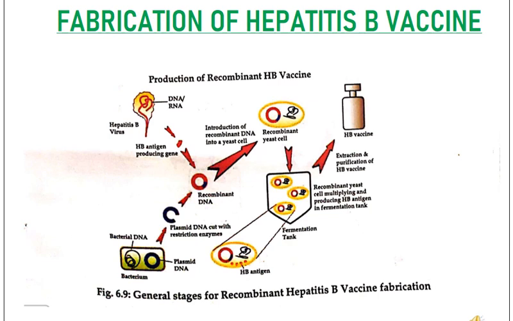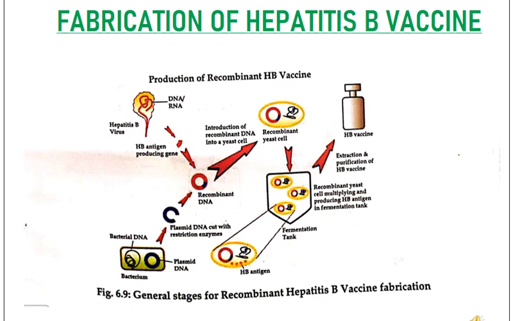Coming to the sixth, after 2 days we can see the yeast cells are cracked, and then they free this HBs antigen. Now this fusion is treated for extraction and the HBs antigen is further purified.